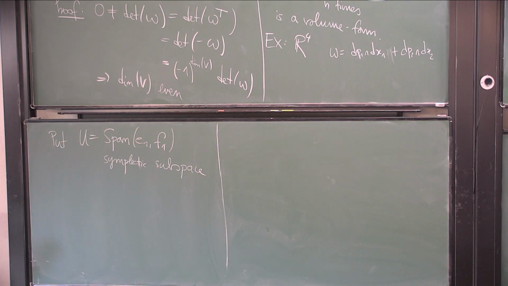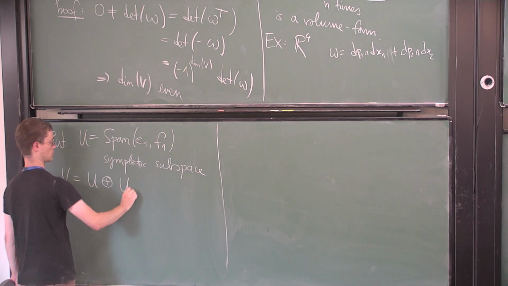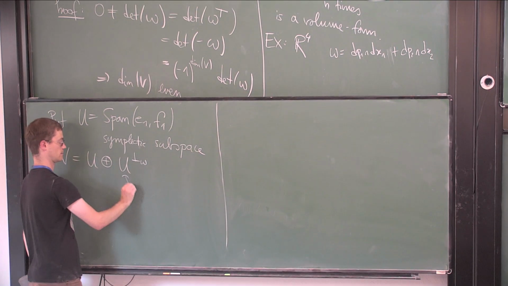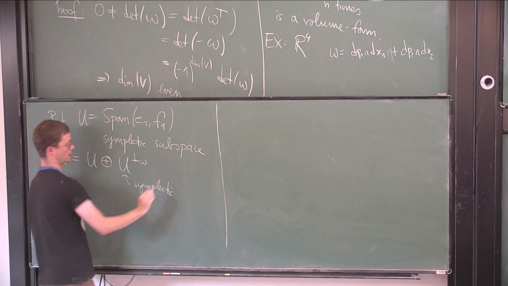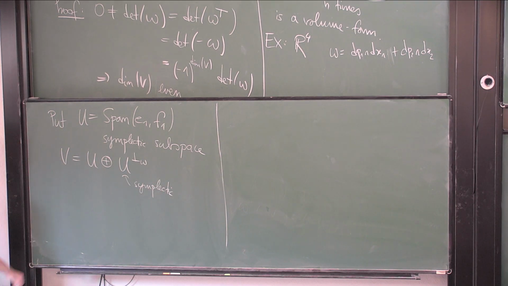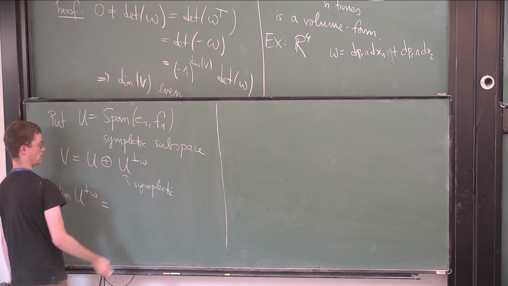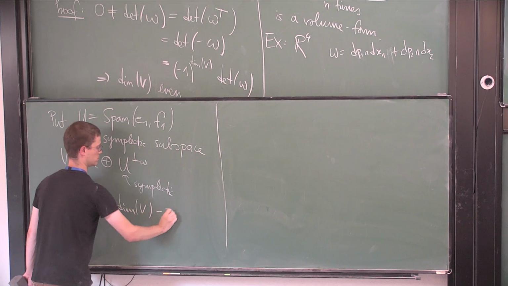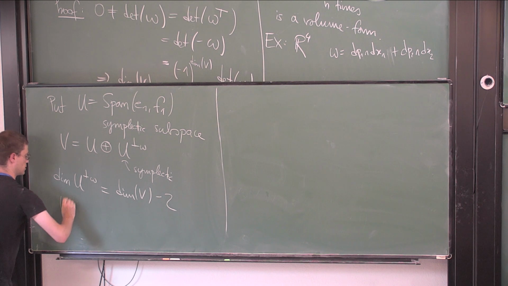And when you have a symplectic subspace U, this means that V is U plus U orthogonal, and this is also symplectic. Then you really can use induction on the dimension. The dimension of U orthogonal is the dimension of V minus 2, so we can use induction.